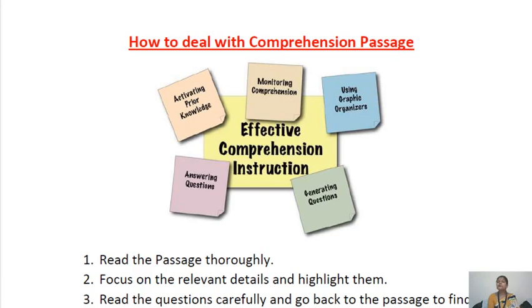So in case the passage which is given to you to read and comprehend, you are not able to understand it properly only by reading, with the help of a flow chart or a graphical presentation you can understand it better. So you can take the help of a flow chart or something.